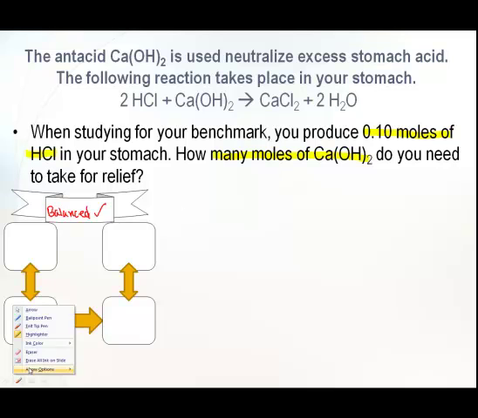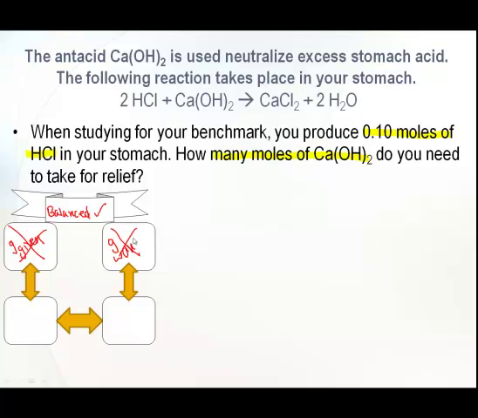So again, I don't have any grams here. I'm not given grams. I'm not asking for grams. So that means that I do not need these top boxes. Remember, these top boxes are for grams of given and grams of wanted, but I do not need them because I'm not asking for grams and I'm not given grams.